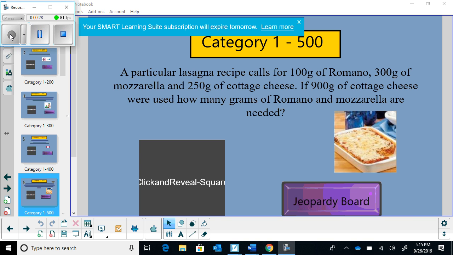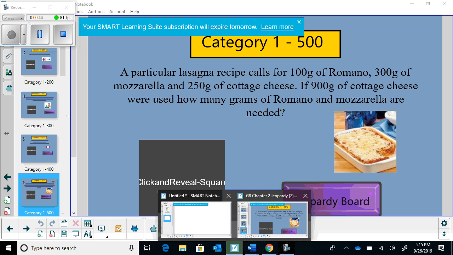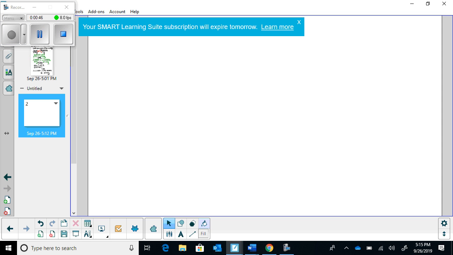So this question is asking us to set up a ratio to start, and then we're going to set up a proportion to solve it using one of the two methods that we know. So if we go try and solve this now, we're going to start off by creating our ratio. So we know Romano cheese, right?